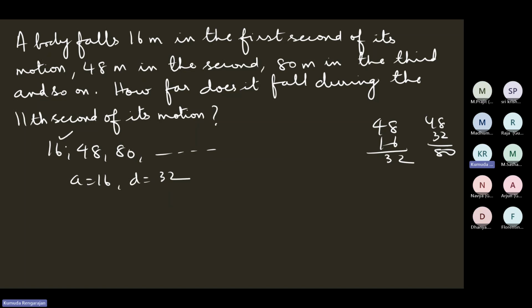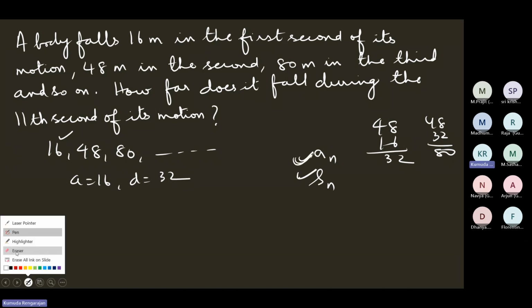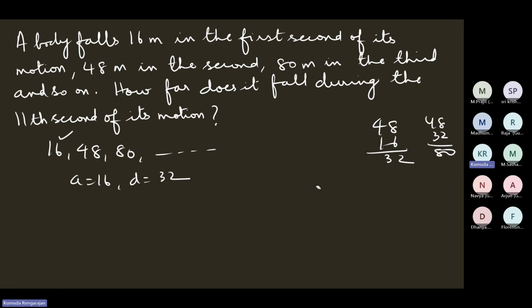Now whenever it's a word situation, children, you need to understand what the term of the AP represents. Only then you will know if you have to find a particular term of the AP or the sum to the first 10 terms of the AP. It's very crucial to decide this. For that, you should not just read the question. You should understand what the terms of the AP represent.